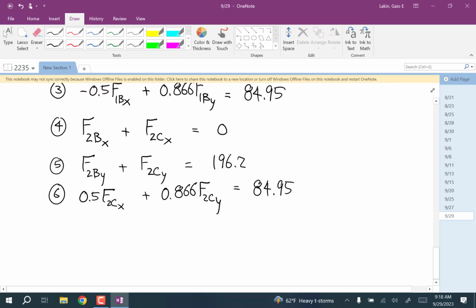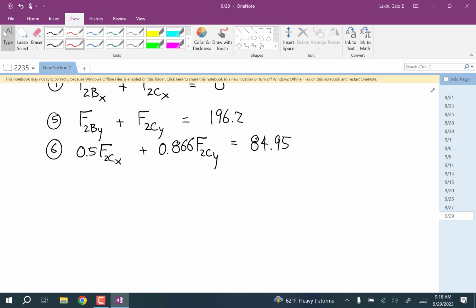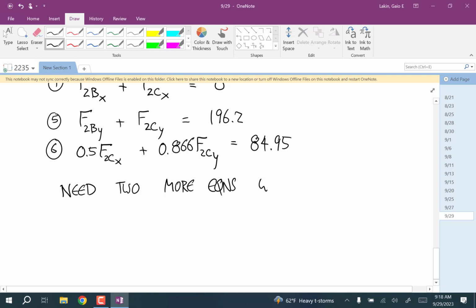All right, so we know we need 2 more equations without introducing any new variables.